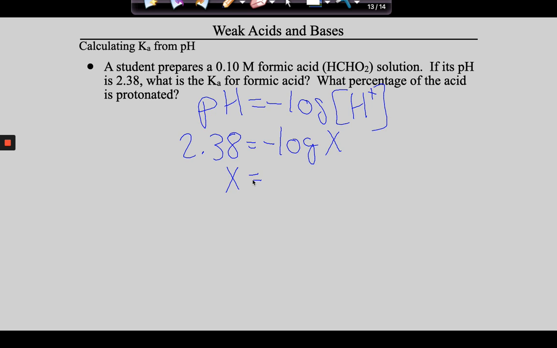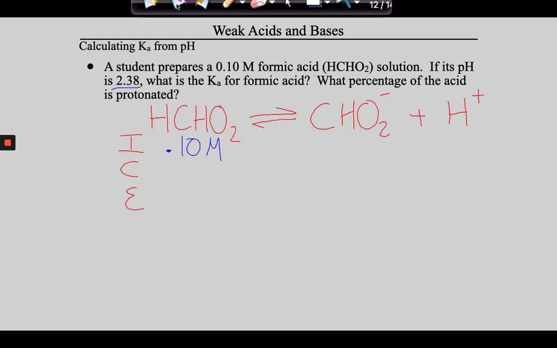Did you get 0.0042? Yeah? So guys, the molarity of this is 0.0042 molar. Can you confirm or refute that? Is that good? Okay.